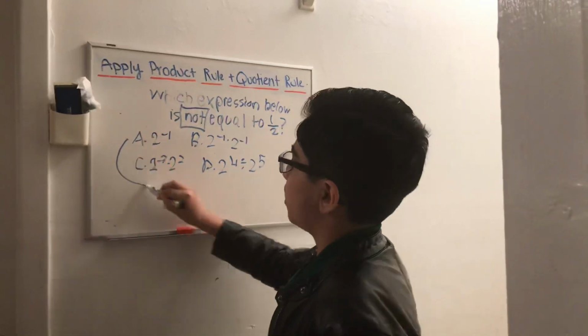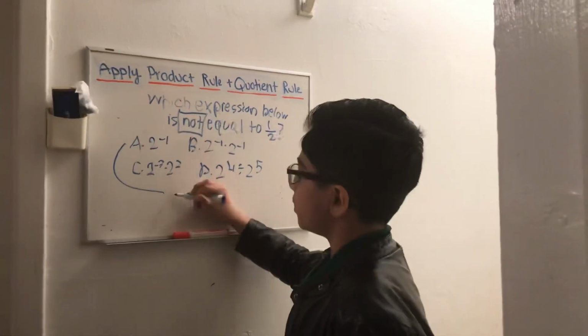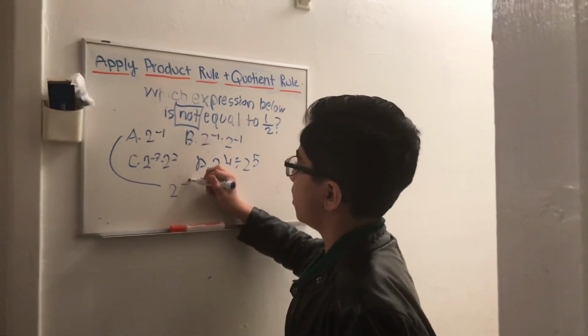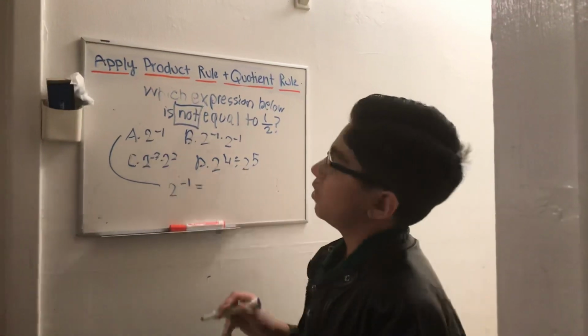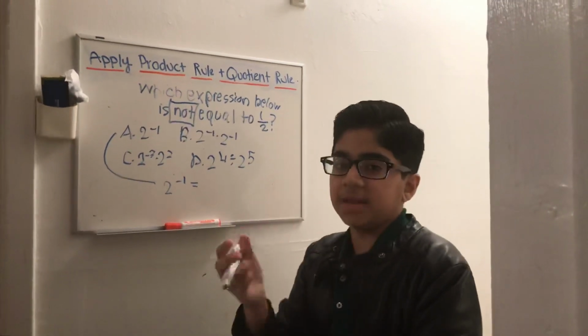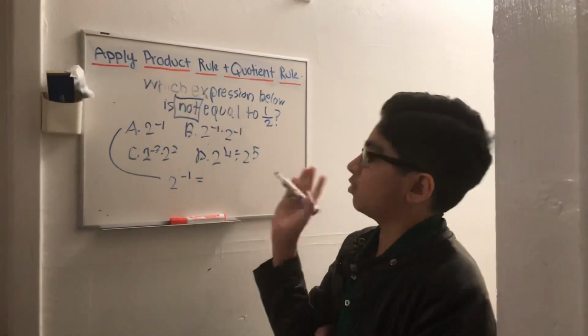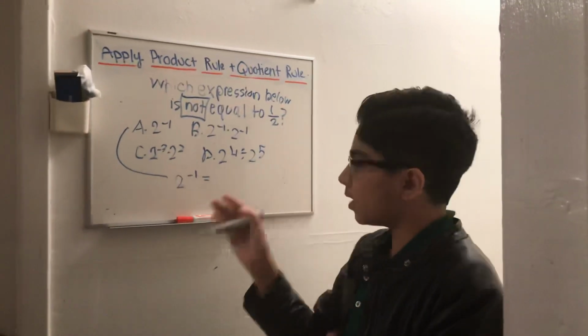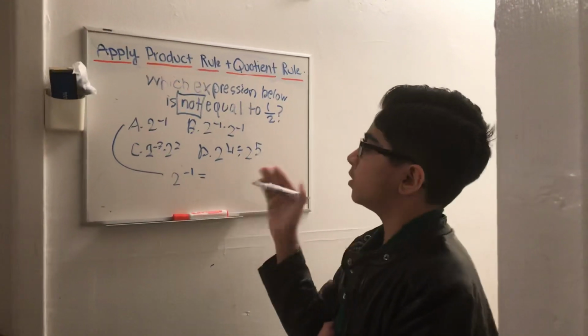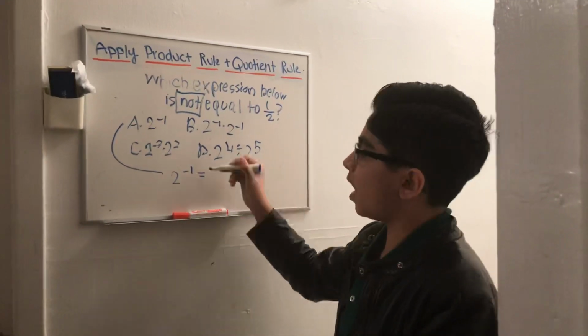So let's take a look at choice A. 2 to the power of negative 1. As mentioned earlier in the video, when you have a negative exponent, your simplified answer is 1 over the base to the power of a positive exponent.